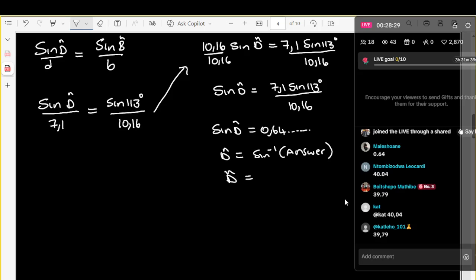Or the best thing you can do is solve this in this form, to avoid rounding your answer: angle D is equal to the sine inverse of 7.1 sine 113 degrees, and everything divided by 10.16. You should get your angle D to be 40.04.